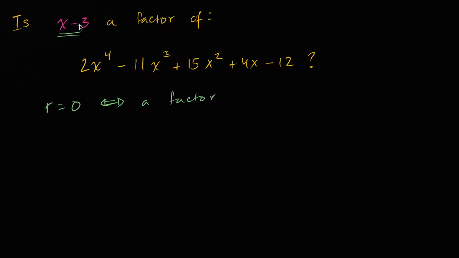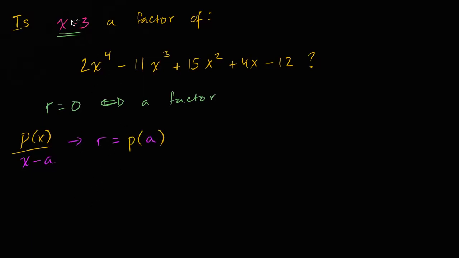The polynomial remainder theorem tells us that if we take some polynomial, p of x, and we were to divide it by some x minus a, then the remainder is just going to be equal to our polynomial evaluated at a.